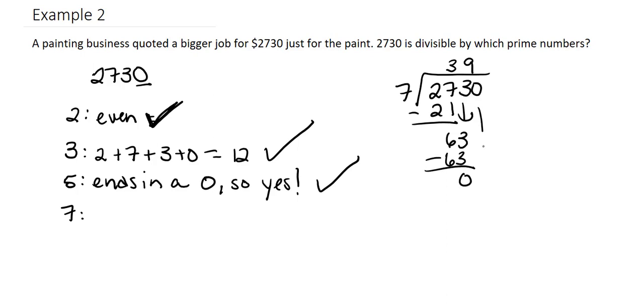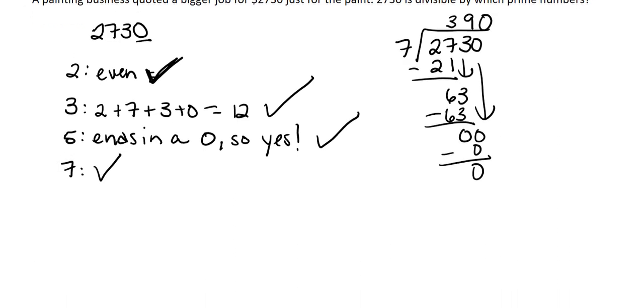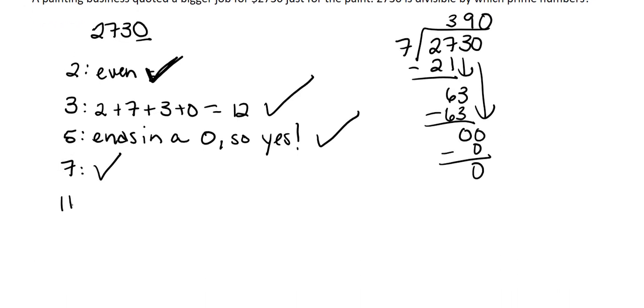We subtract, we get 0. Now we bring down the other 0. Well, 7 can go into 0 0 times. So we get 390, a whole number. So we can say that it is divisible by 7. So that checks out.